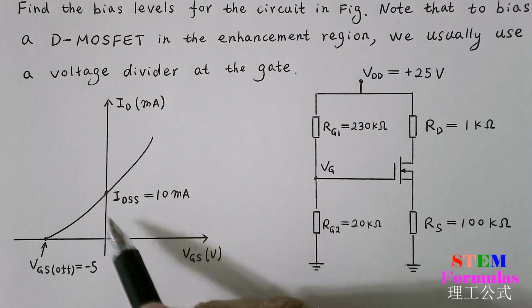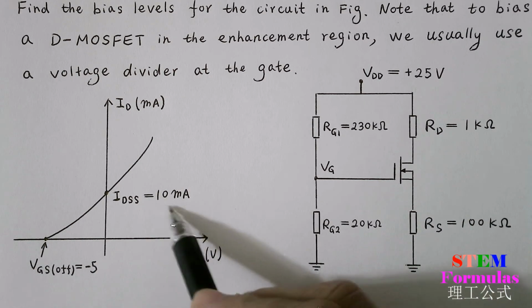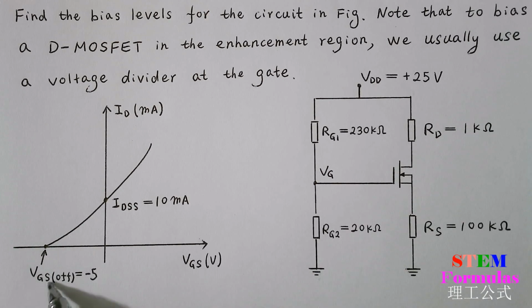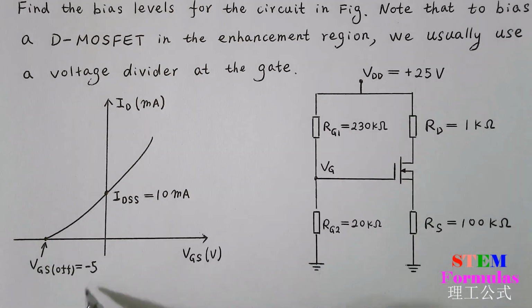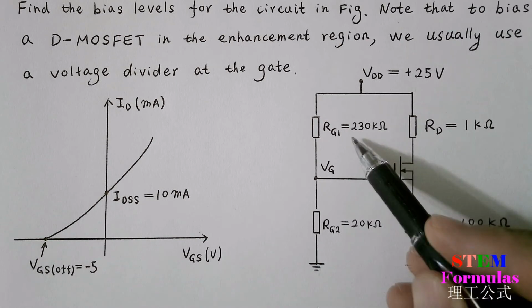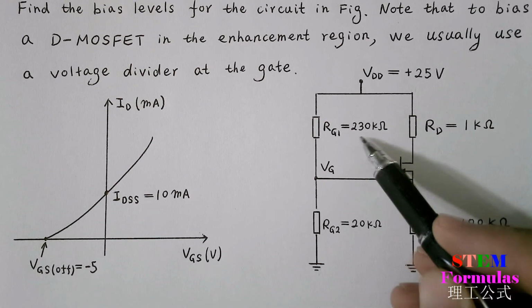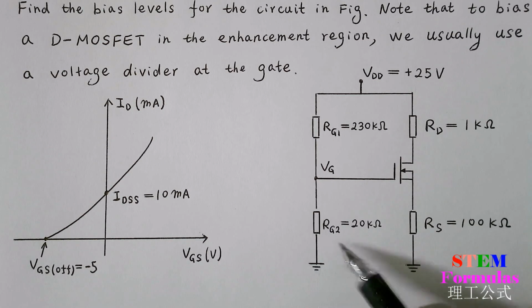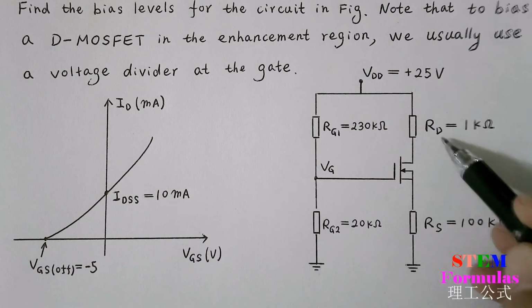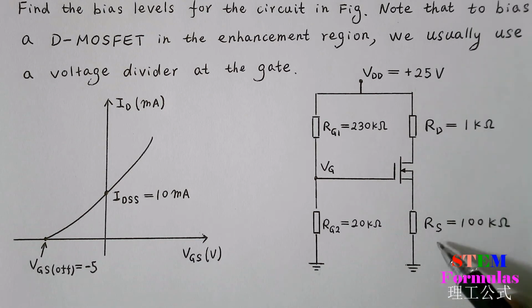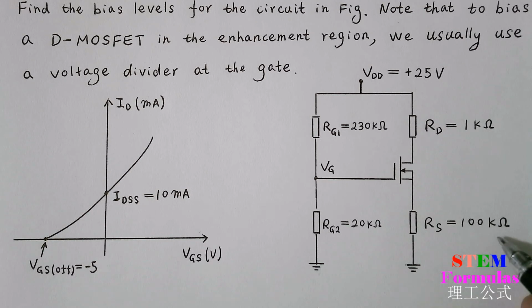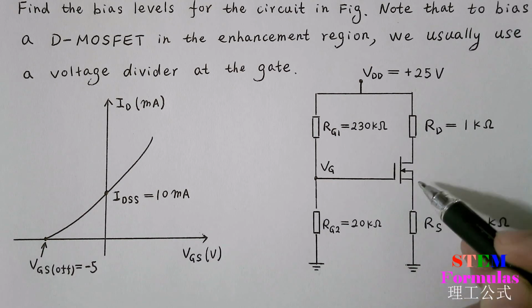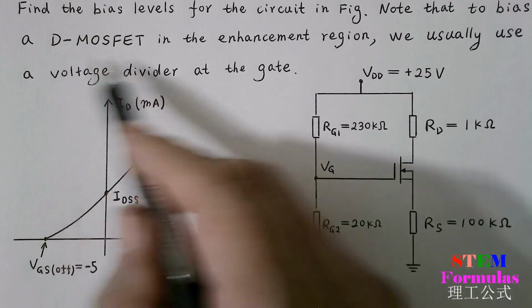From this figure, we have IDSS equal to 10 milliamp and VGS off equal to -5 volts, and RG1 equal 230 kilo ohm, RG2 is 20 kilo ohm, RD is 1 kilo ohm, RS is 100 ohm. And this MOSFET is depletion type.